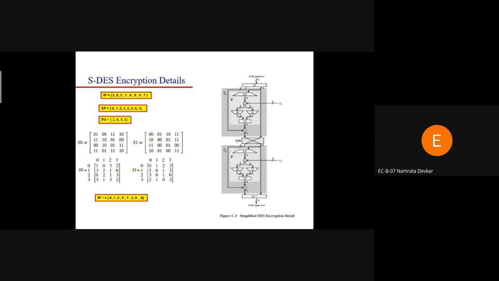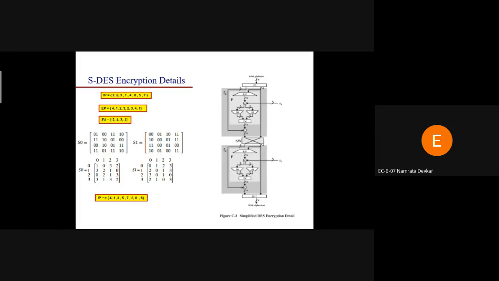So we'll repeat the encryption process of the SDES algorithm. SDES is a part of the DES algorithm, called Simplified DES encryption. In SDES, the first step is the initial permutation.